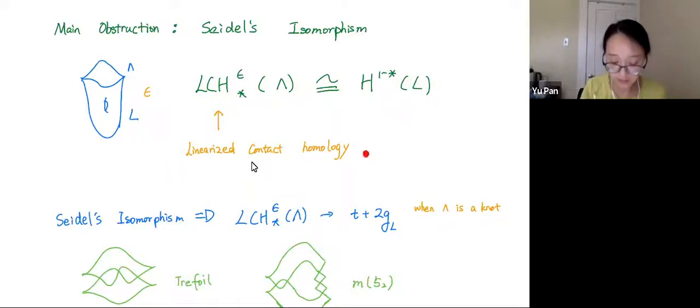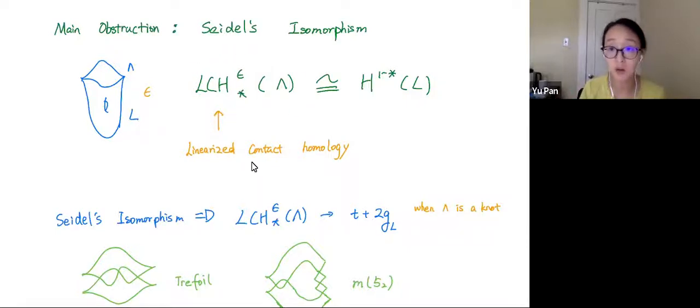Well, first, this linearized contact homology is just some Floer type homology associated with the augmentation. It's pretty easy to compute because the differential is linearized, so the homology is easy to compute. What this isomorphism tells us is that because we know the right side pretty well, the left side is kind of fixed, right?